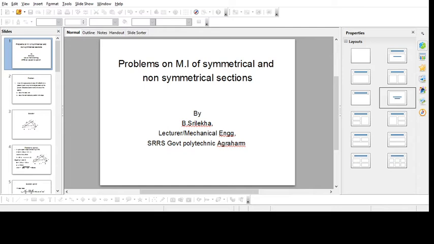Next is h3. h3 is simply y3 minus y bar. It means 115 minus 44.28. So that value is equal to 70.72 mm.